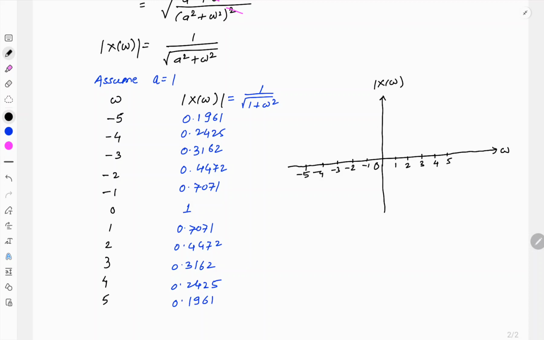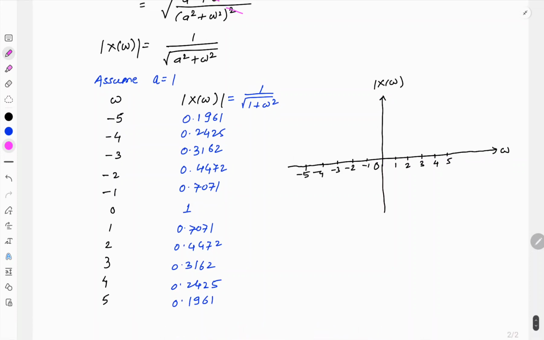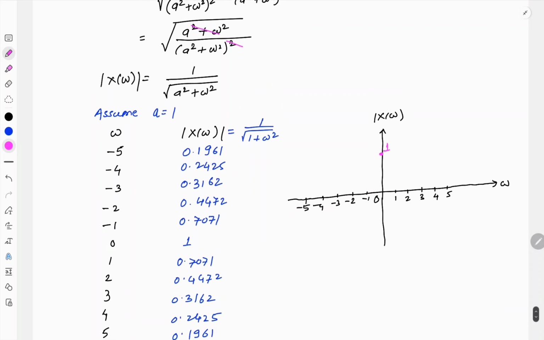So if we plot the values, at 0 we have value as 1. So let's say here somewhere I have amplitude as 1.